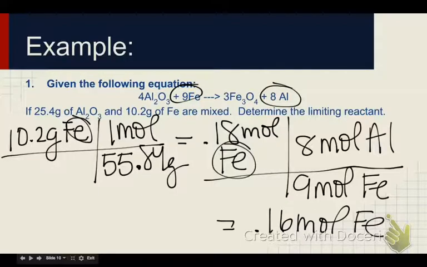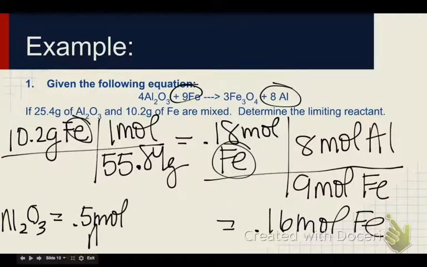Now remember, aluminum oxide produced 0.5 moles of aluminum. So, sorry, this should be aluminum. So who's my limiting reactant? Very good, it's going to be Fe.